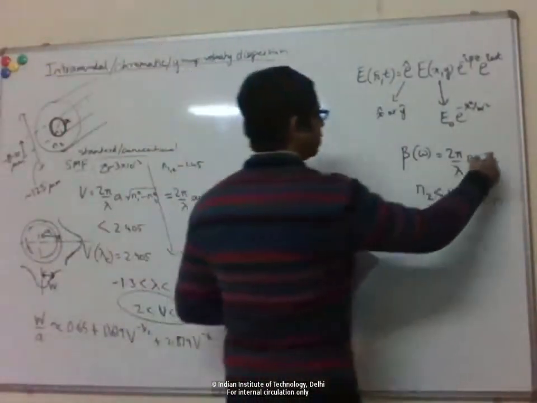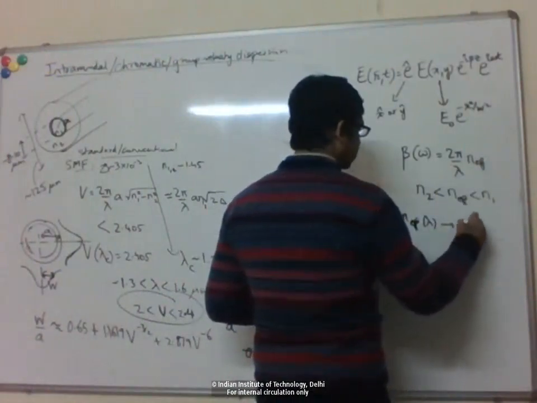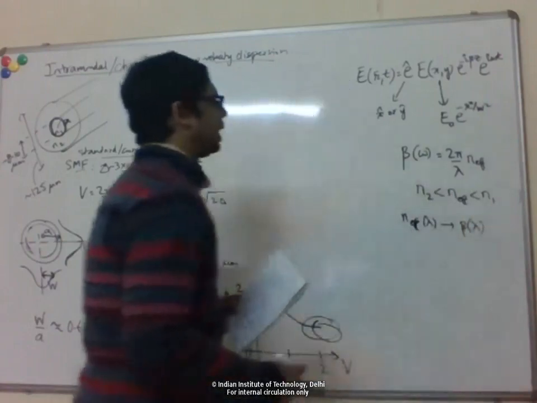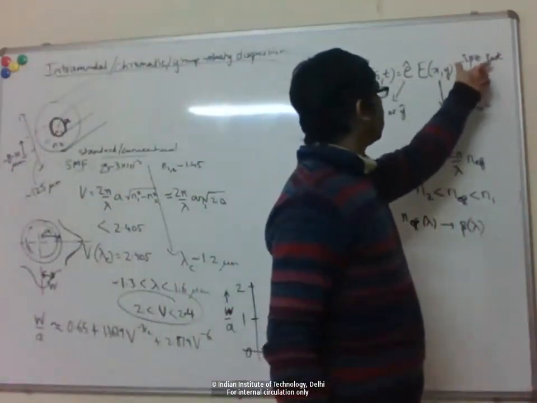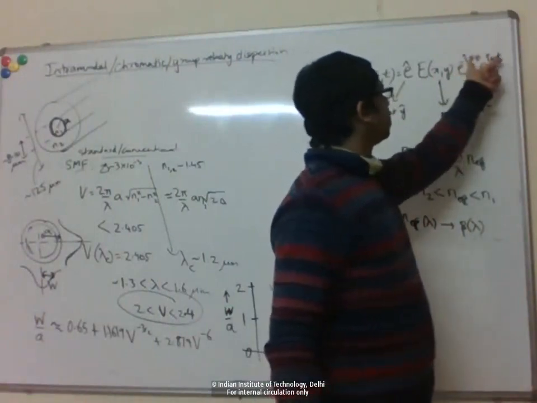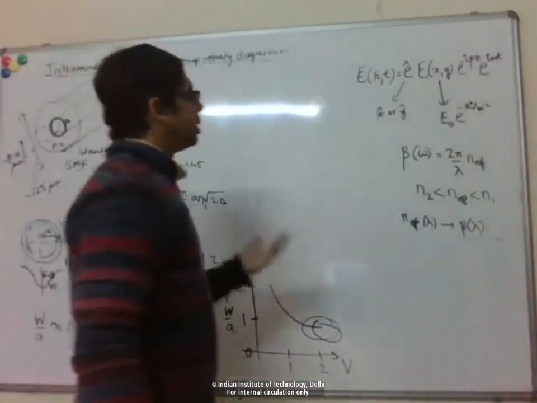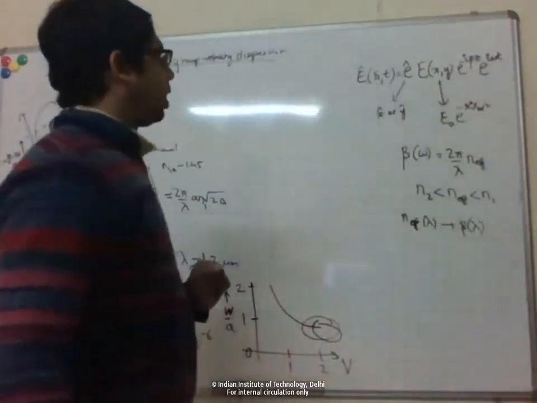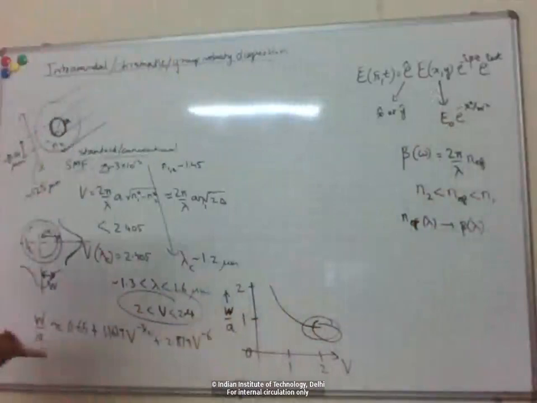So this n effective is a function of frequency or wavelength, which implies the propagation constant is also a function of frequency or wavelength. This looks like a plane wave, e to the i omega t minus beta z. The group velocity is given by d omega by d beta. Now if beta is a function of frequency, then the group velocity will also be a function of frequency.